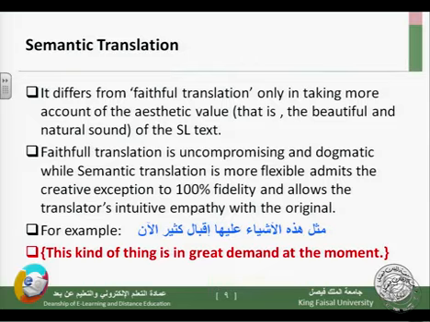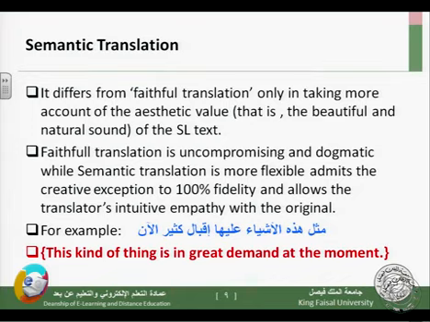So this is the slight difference between faithful and semantic. The semantic approach is concerned with the meaning of the text and gives the translator intuitive empathy with the original. I mean, it is okay.